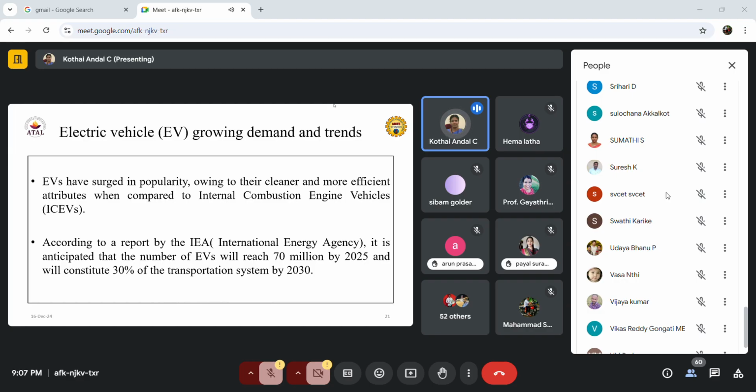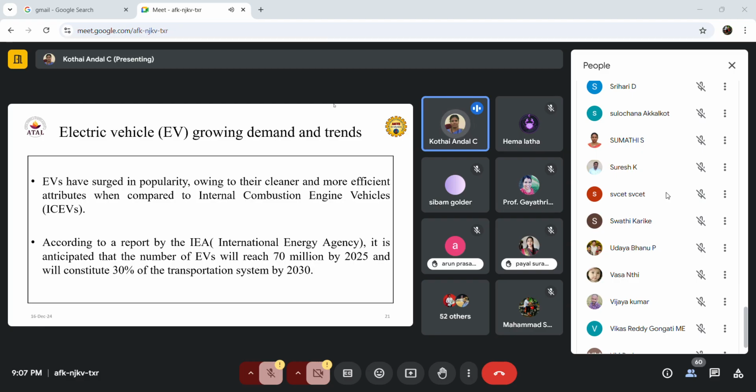Then, globally, EV adoption is expected to increase, reaching 70 million by 2025, and it may go 30% more by the end of this decade, 2030. That is expected.